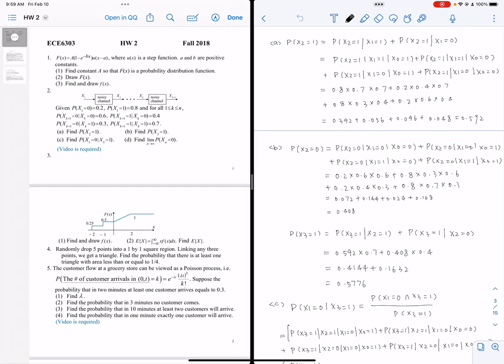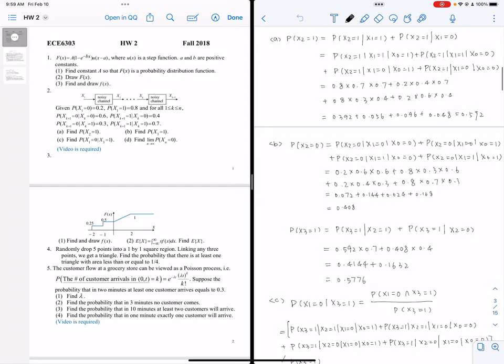If we can get the probability when x2 equals 1 or 0, then we can do a further calculation. Here I found the probability when x2 equals 0, and that is 0.408.